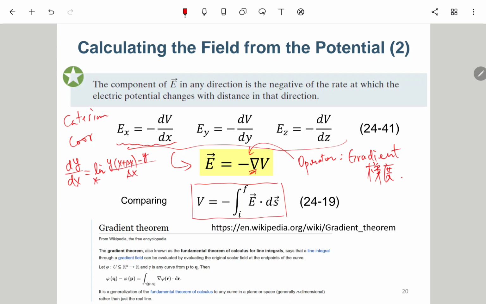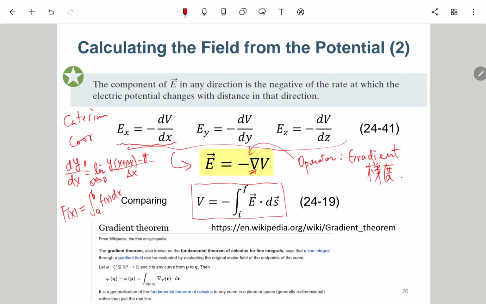This is the definition of the derivative in a single dimension. And then if you take the integration, it will be the integral of f of x dx from a to b, which becomes another function.